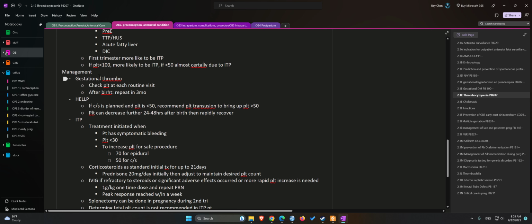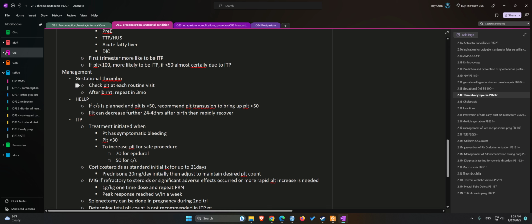Management for gestational thrombocytopenia, we check the platelets at each routine visit, and we repeat platelet count after birth, usually 3 months after birth.